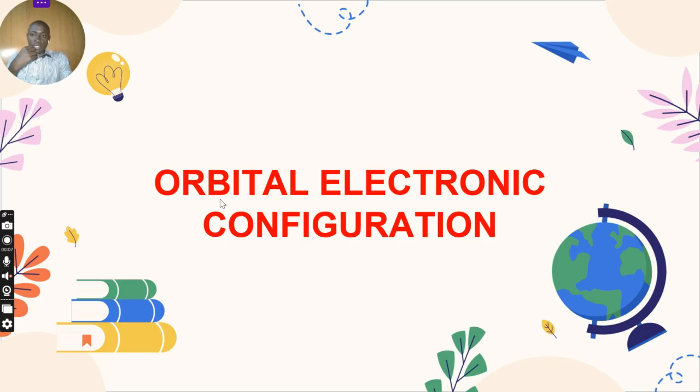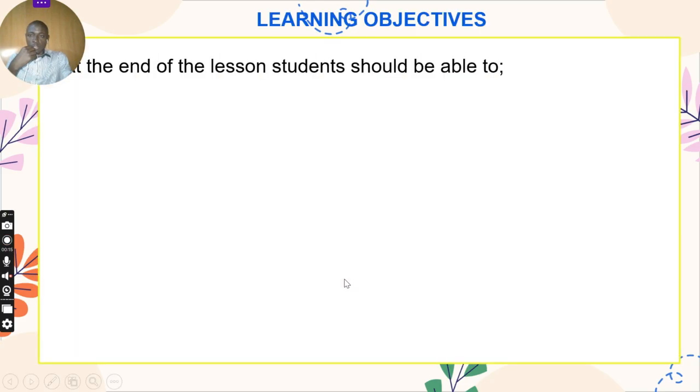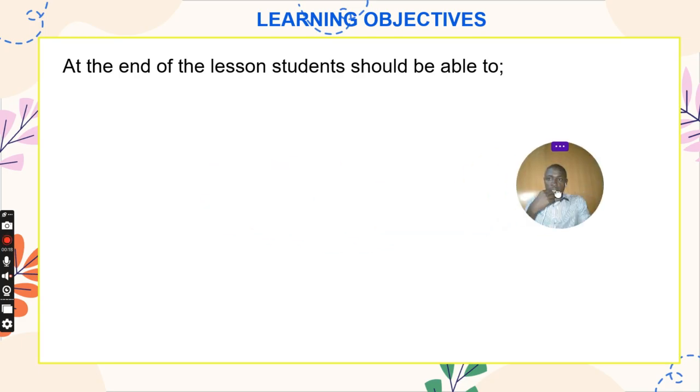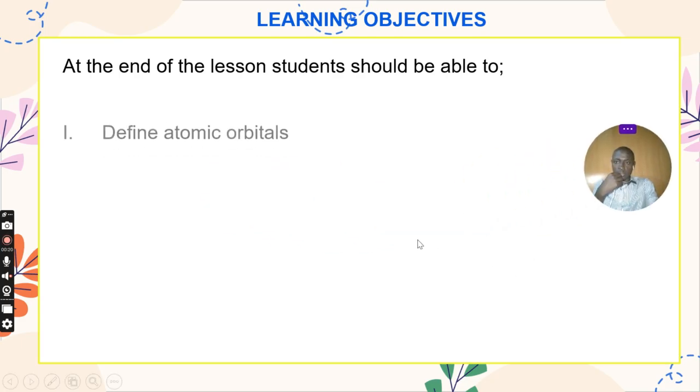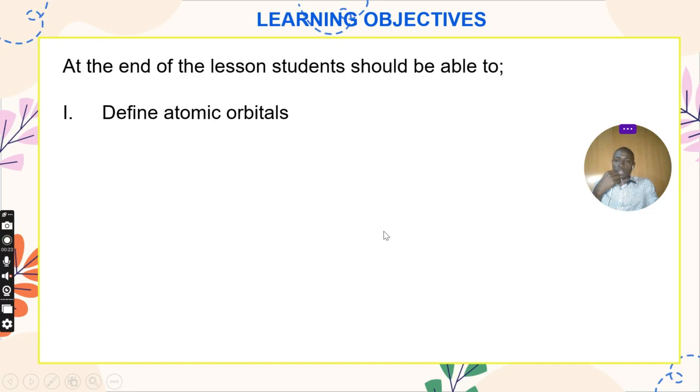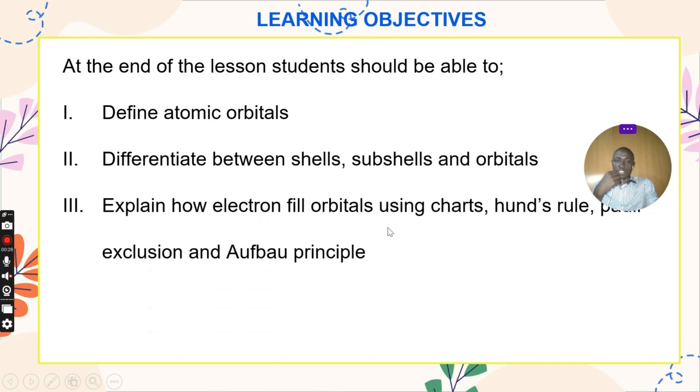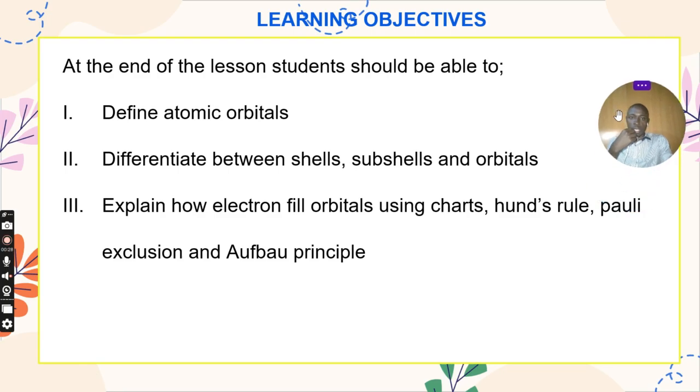We'll be talking about orbital electronic configuration today. So at the end of the lesson, it is expected that you should be able to define what orbitals are, differentiate between shells and orbitals, explain how electrons fill orbitals using charts, Hund's rule, Pauli Exclusion Principle, and the Aufbau Principle.